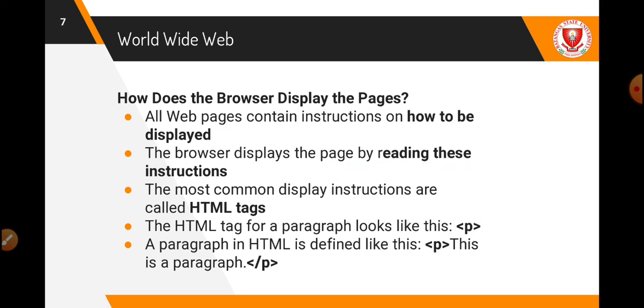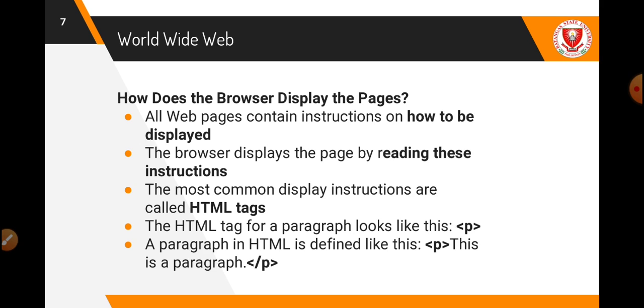All web pages contain instructions on how to be displayed. The browser displays the page by reading these instructions. Whatever instructions are included there are the only things that will be displayed on our web browser. For example, it is instructed to have an image or a welcome message for all the viewers or users. The most common display instructions are called HTML tags.